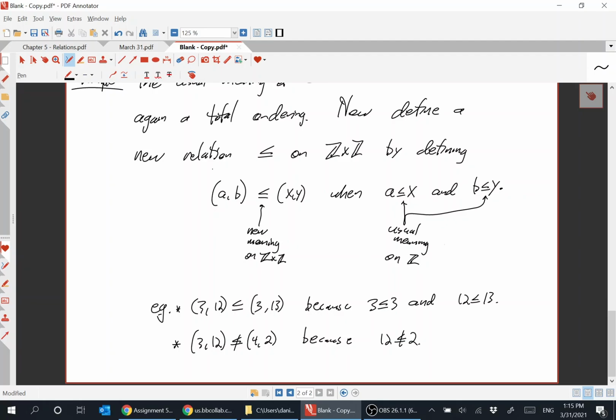We want to show that it's going to be a partial ordering, that it satisfies the definition of a partially ordered set. So, well, we've got to go. Why don't you do this for next time: show this is a partial order on Z cross Z.